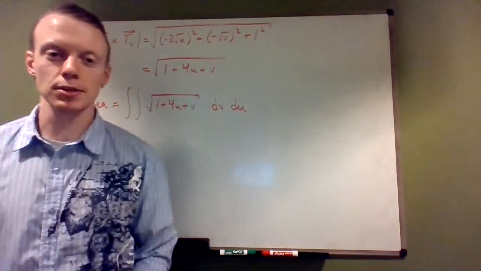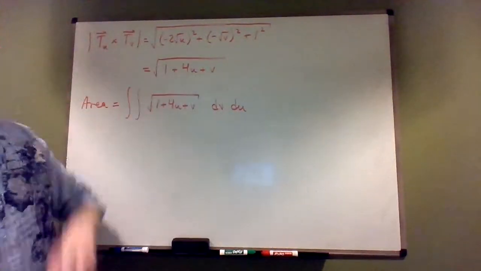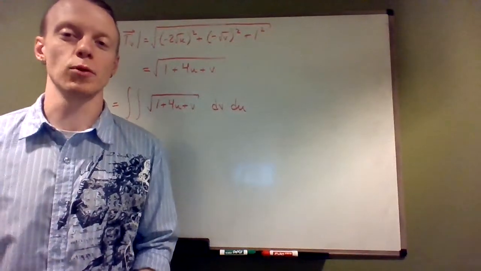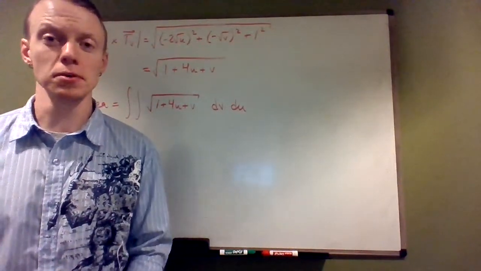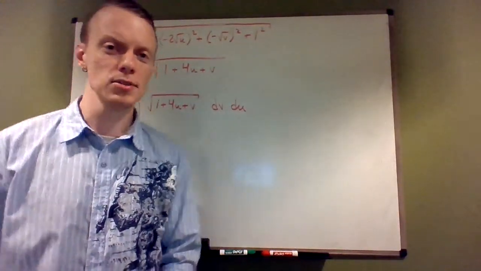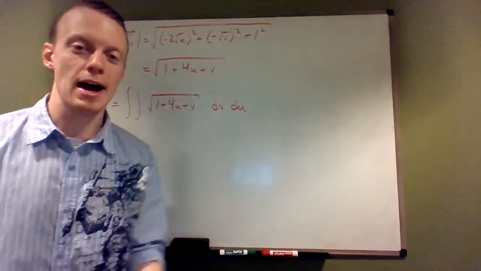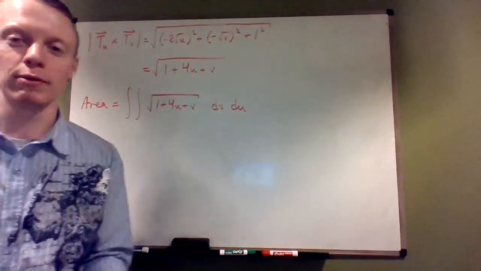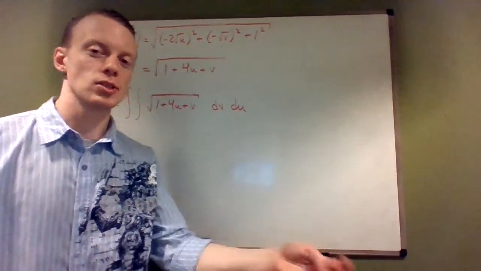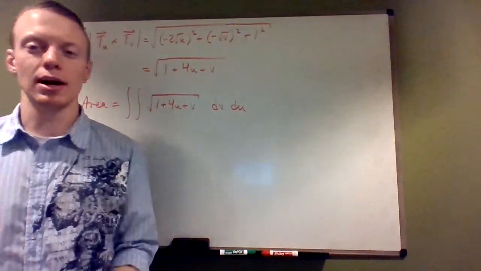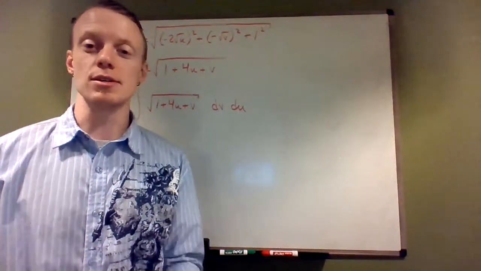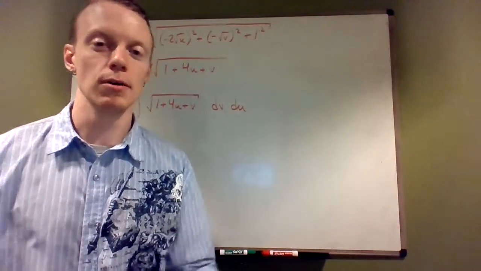So double integral of square root of 1 plus 4u plus v dv du. We just need to substitute in our bounds. Well, we said at the beginning of our problem that x and y both went from 0 to 1. Since x was equal to u and y was equal to v, then u and v thus both go from 0 to 1.